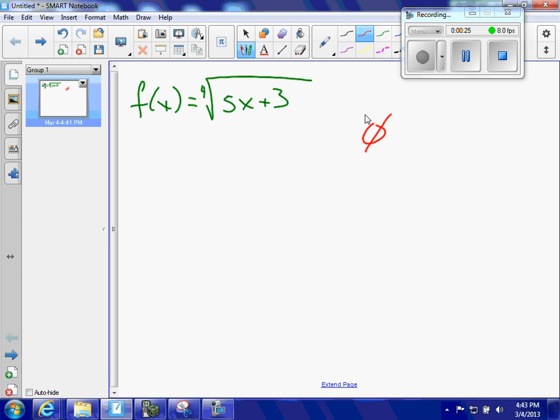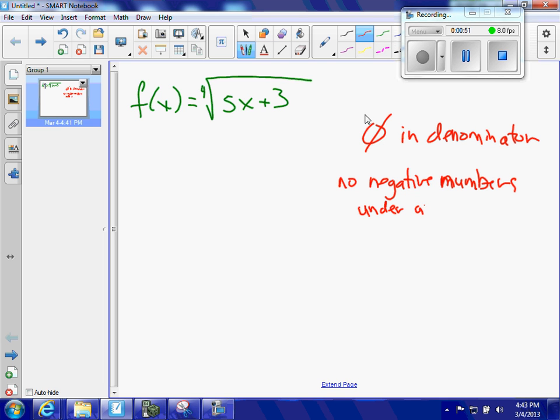One is I cannot have 0 in the denominator. And two, I cannot have negative numbers under an even root.